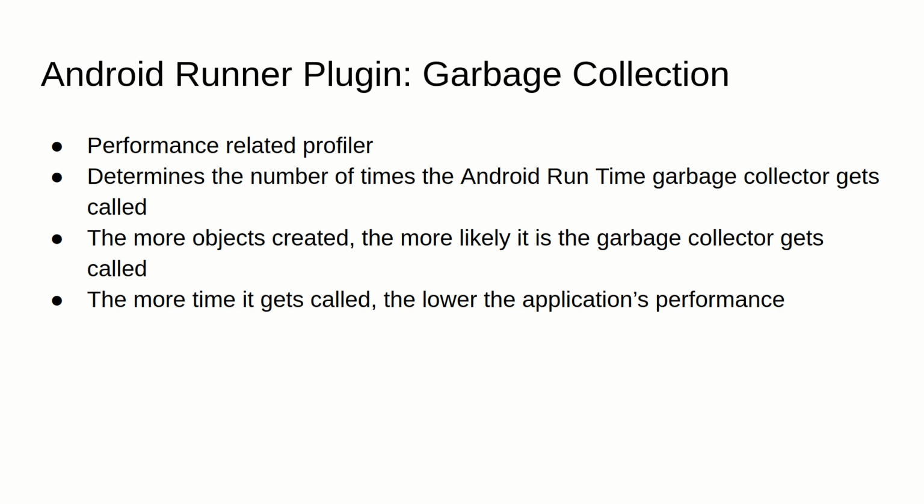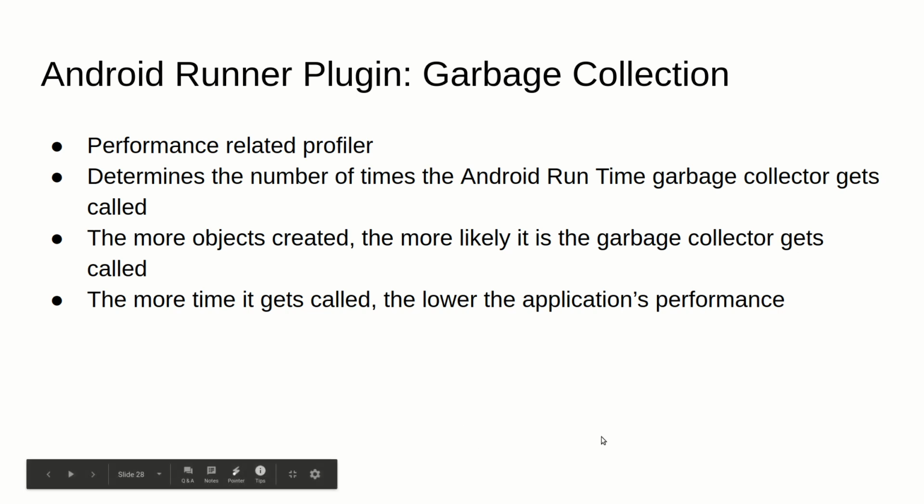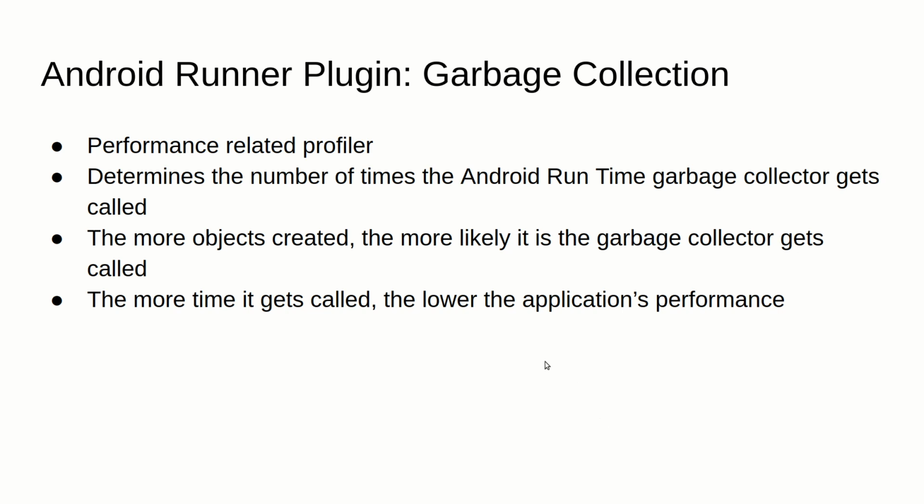Alright, so we're down to the last two plugins. The next one we're going to talk about is the garbage collector plugin. It's a performance-related profiler, and it looks at the particular application's performance in relation to the Android runtime's garbage collector with the help of Logcat.